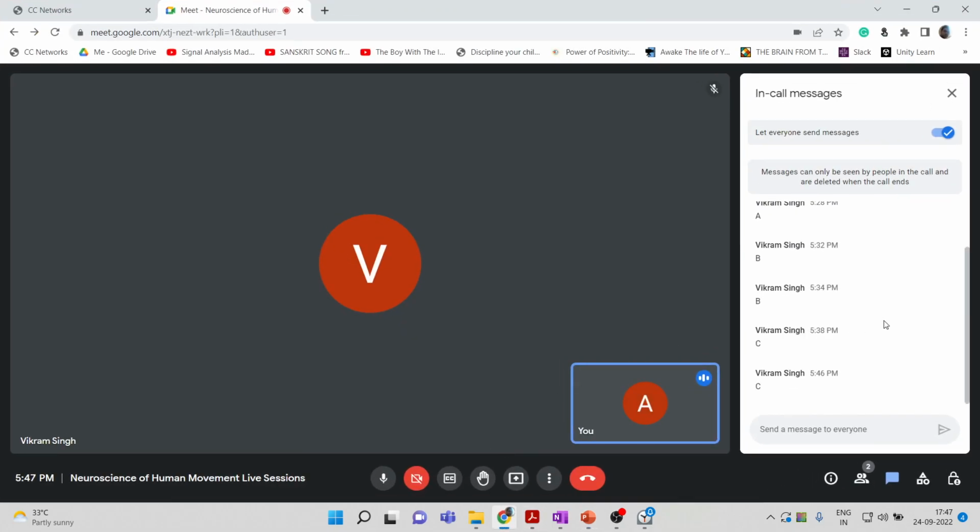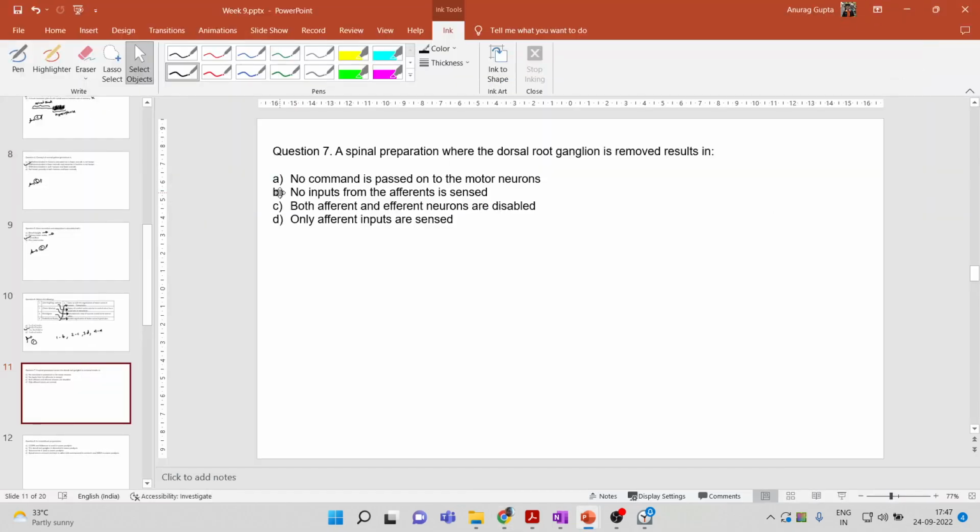Okay, Vikram has responded with C. Okay. So we have seen previously that the sensory information goes in through the dorsal root. So we have the 1A afferents, the 1B afferents, 2 afferents.